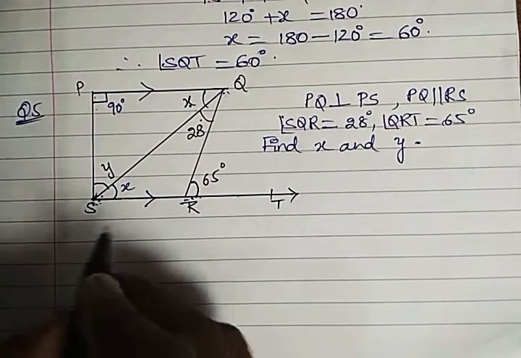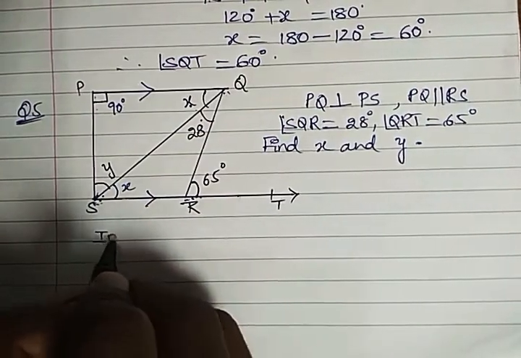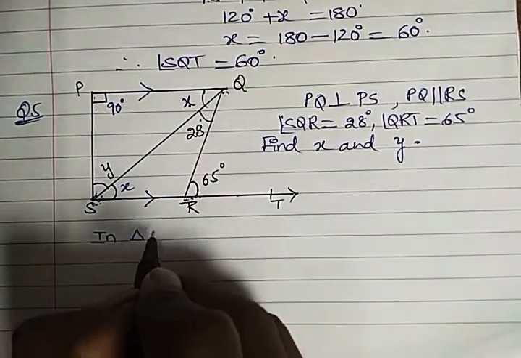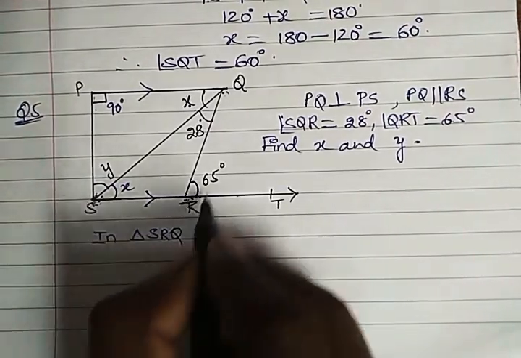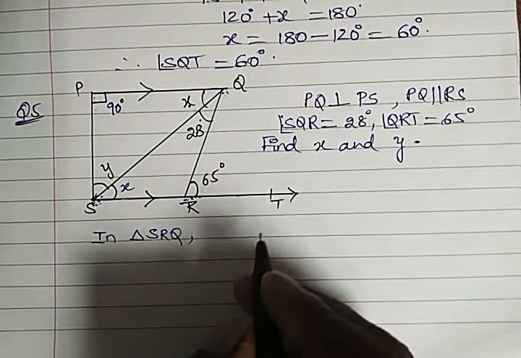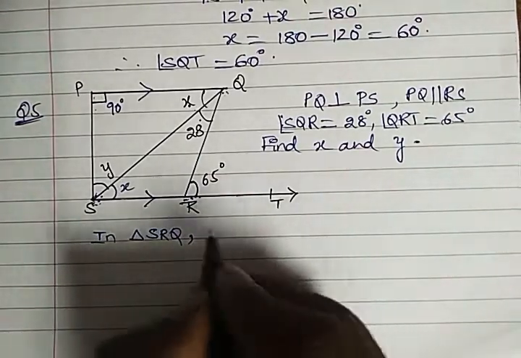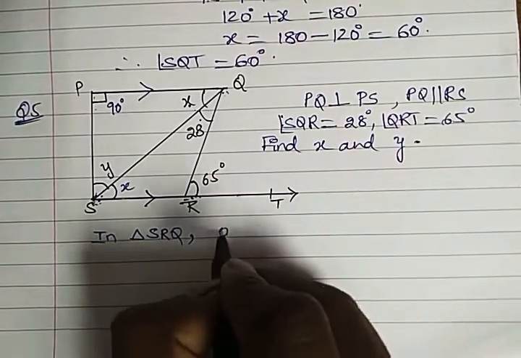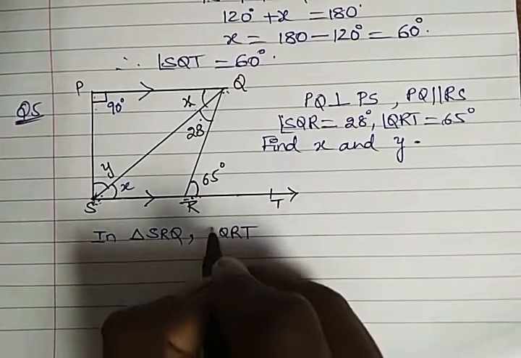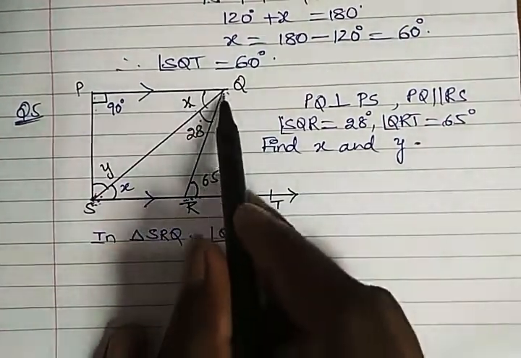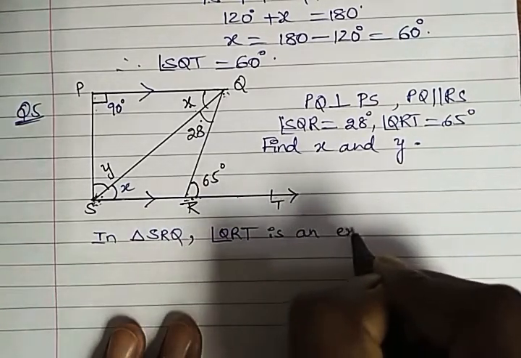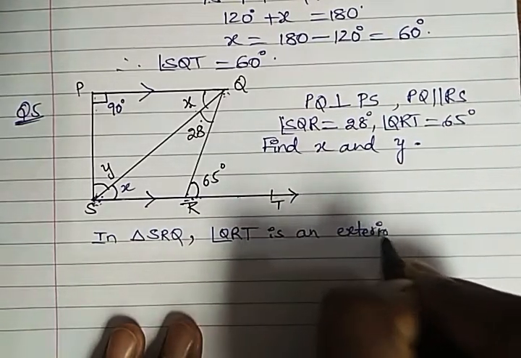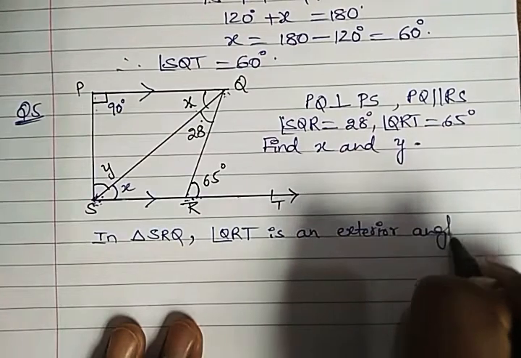So I'll write it here: in triangle SRQ, angle QRT is an exterior angle. This statement you have to write: exterior angle.